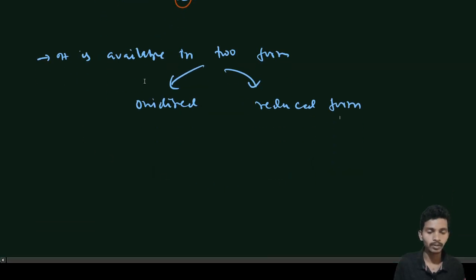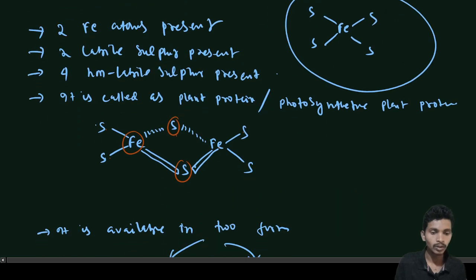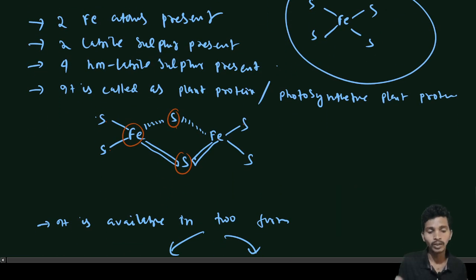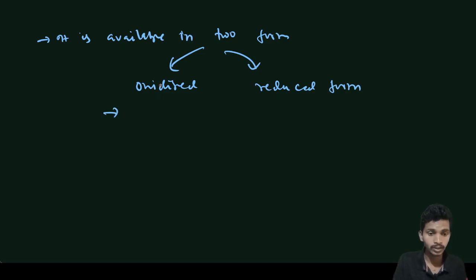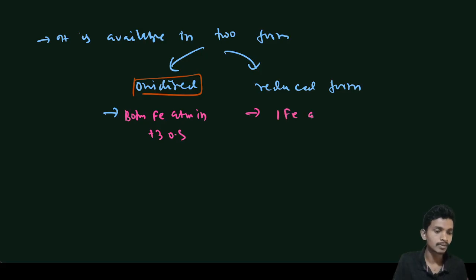So in oxidized form, 2 Fe atoms are there, and the Fe atoms are present as +3. So both Fe atoms exist in +3 oxidation state for the oxidized form, and for the reduced form, one Fe atom is in +3 oxidation state and one Fe atom is in +2 oxidation state.